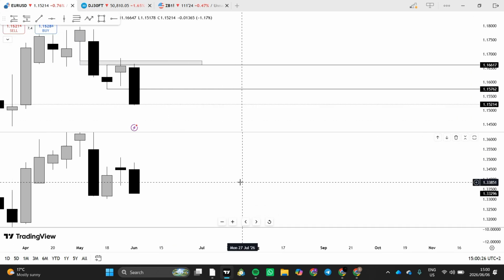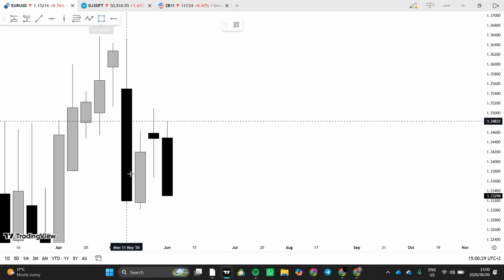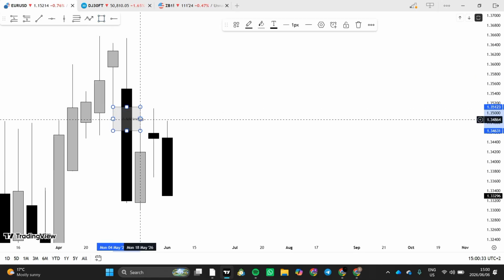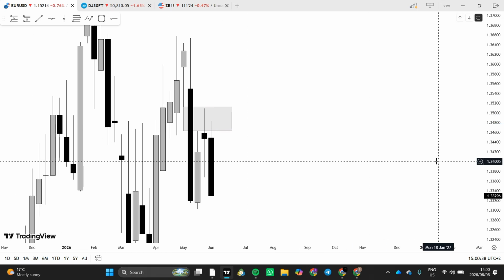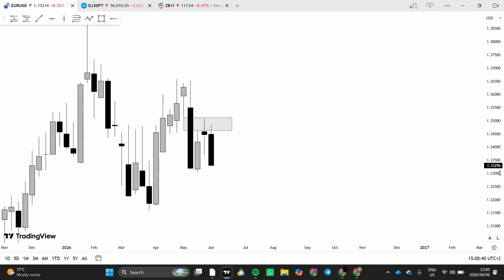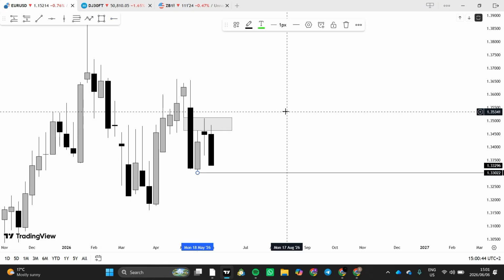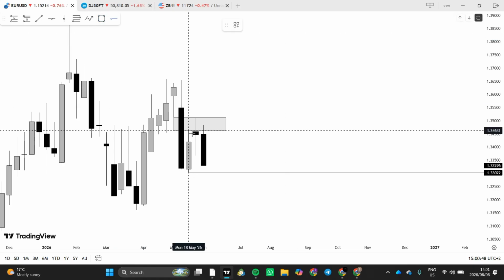Now going on the GBP USD, we had the same thing right over here, but we did not have an inverse fair value gap. But we had a fair value gap right over here, and we were targeting this low because that was the external liquidity right over there.